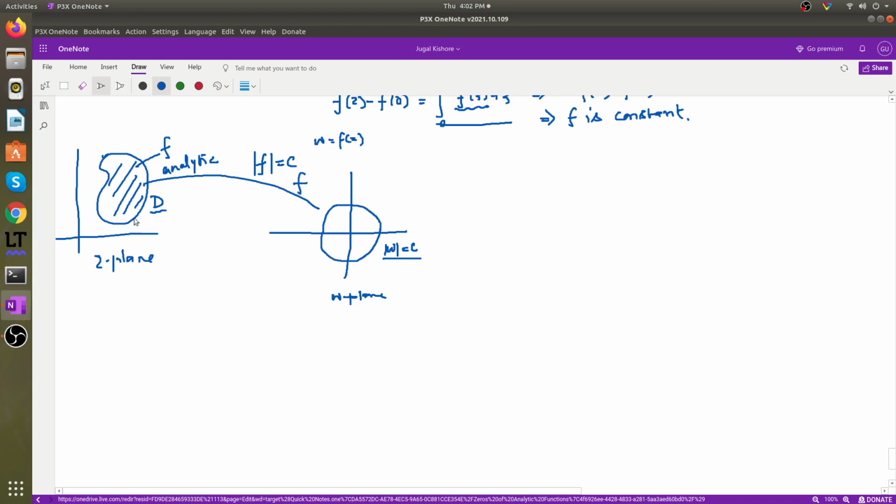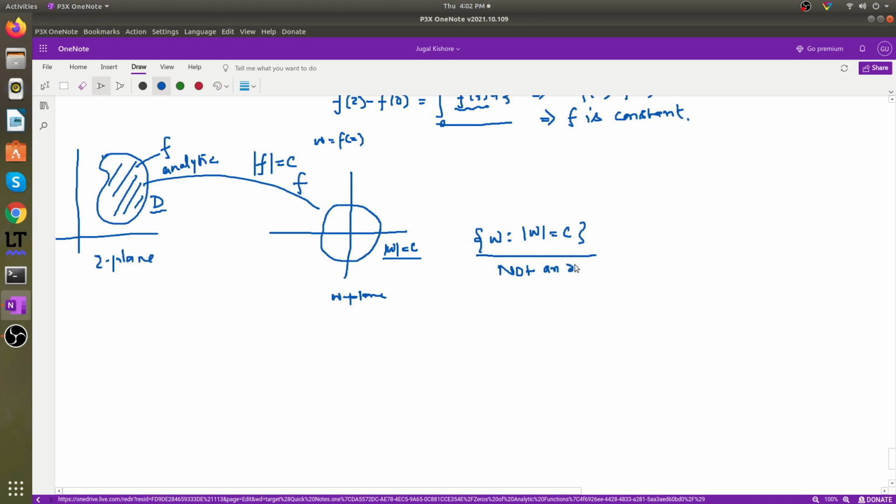So if the open mapping theorem holds, then the image domain should be an open set. But we can see that this image set is not an open set. If we take w such that mod w is equal to C, it is just a circle, so this is not an open set.